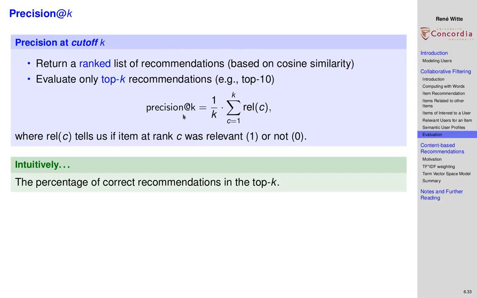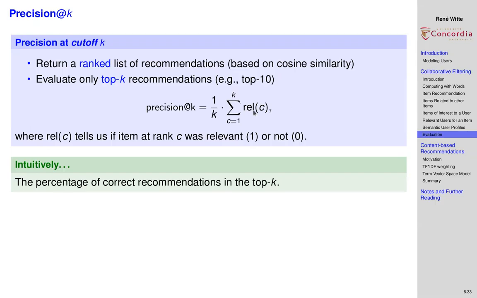So how do you compute it? This is called the precision at k, and it's simply 1 over k multiplied with the sum over looking at each item in the list and saying if it's relevant or not. So if you have 10 items, you check out the first one. Is it relevant? Then it's 1, if not it's 0.